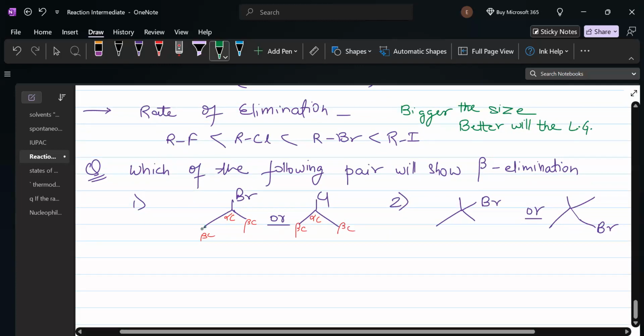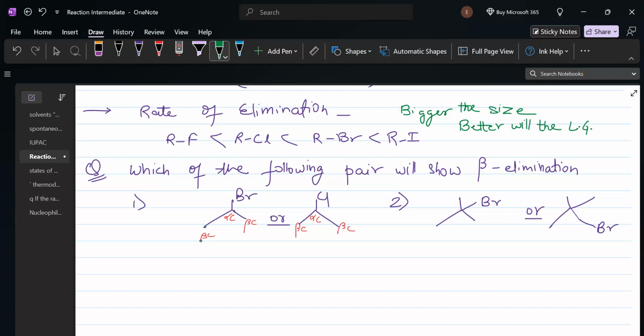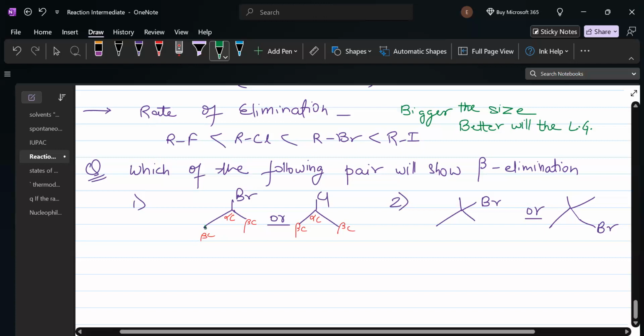Yes. So here we can eliminate this hydrogen and this bromine, right? Acha, we can eliminate from here also, there is no issue in it.